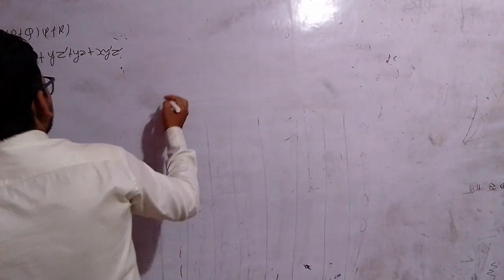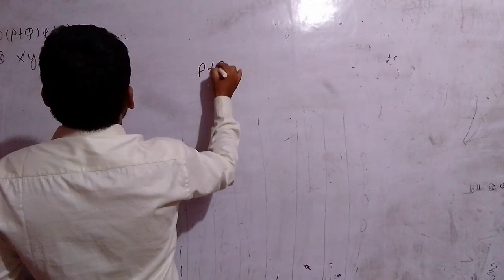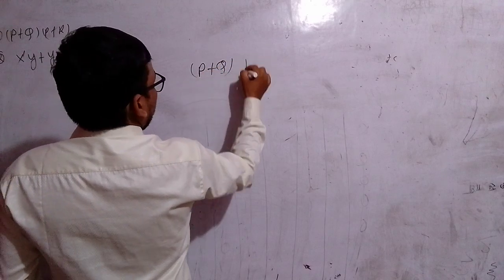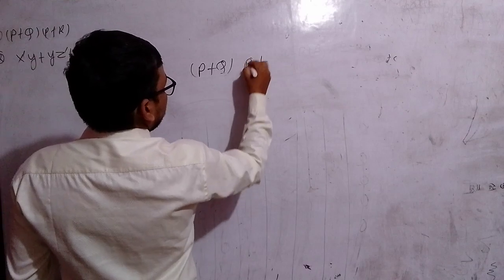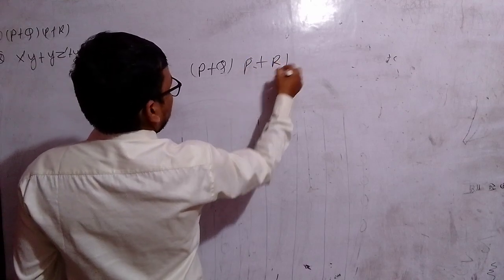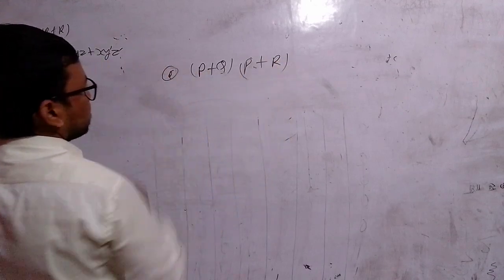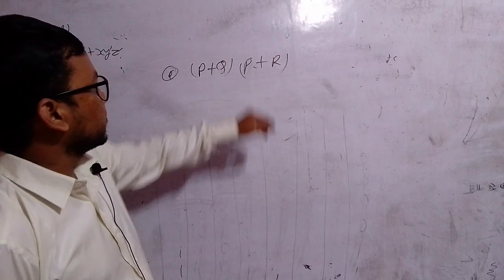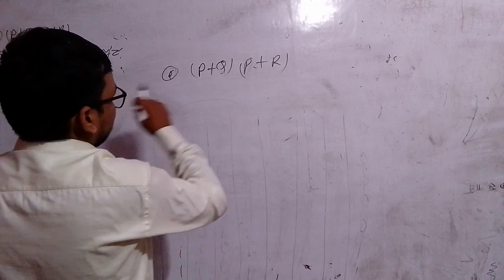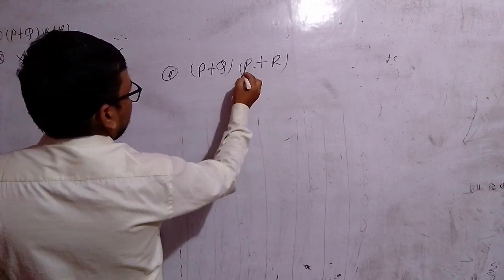For example, let's see P plus QR, plus (P plus Q)(P plus R). Let's simplify this expression. How to do this? Let's apply the distributive law here.